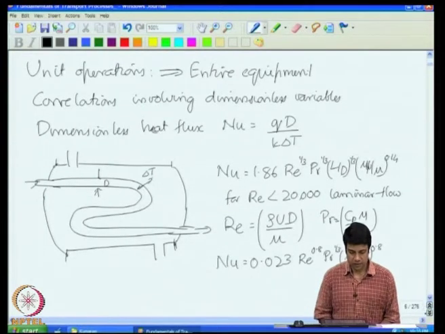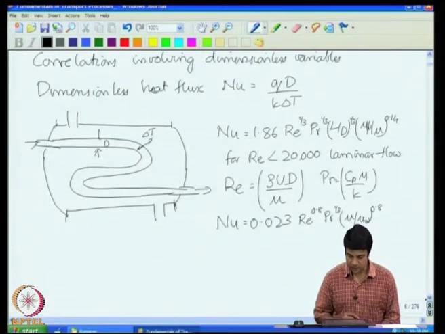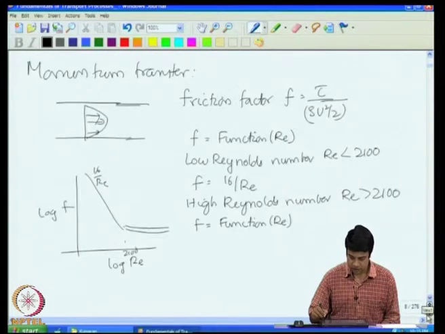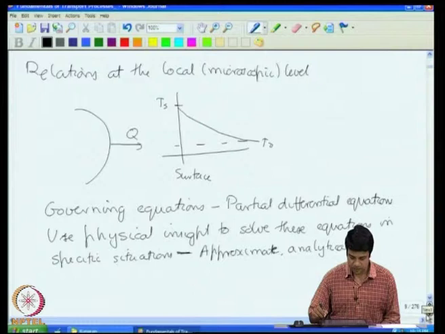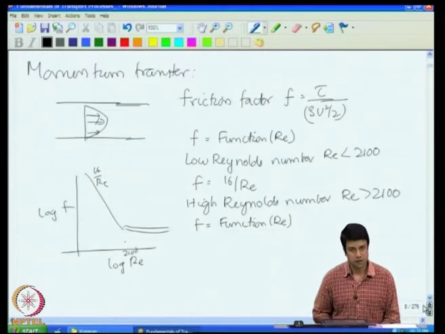So, for example, we had correlations in unit operations for Nusselt numbers for heat transfer from a pipe, which involved the Reynolds number and the Prandtl number, Sherwood number correlations for diffusion from a particle, the friction factor for the flow in a pipe, 16 by Re, and these are all macroscopic quantities.